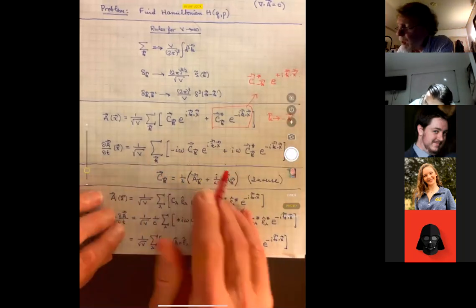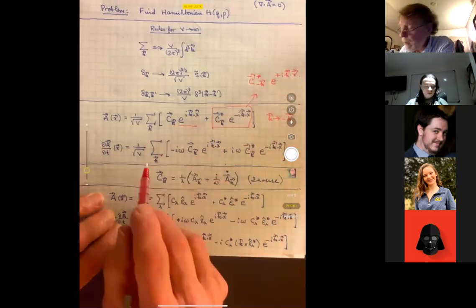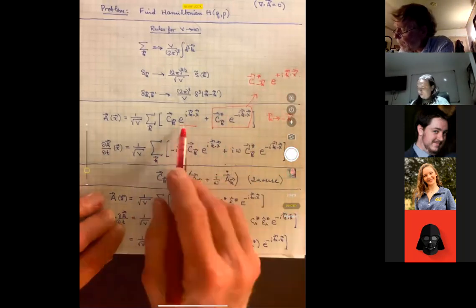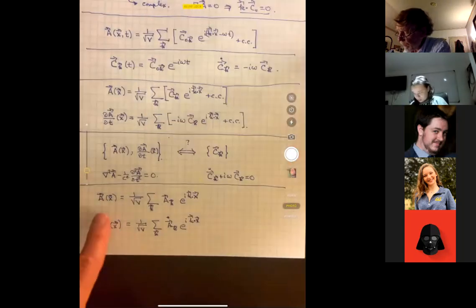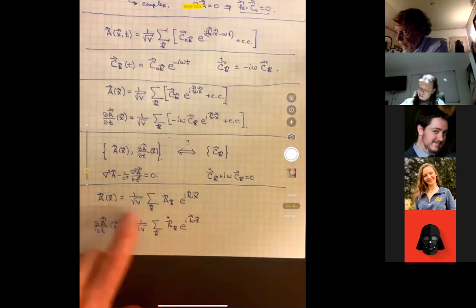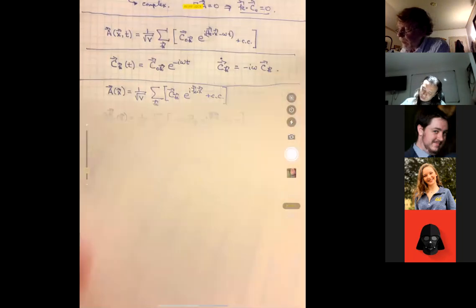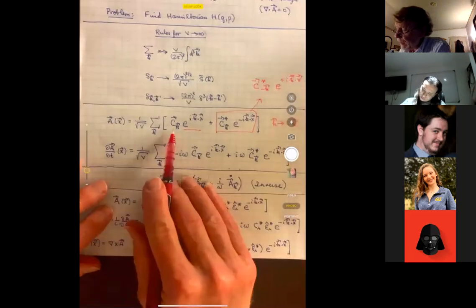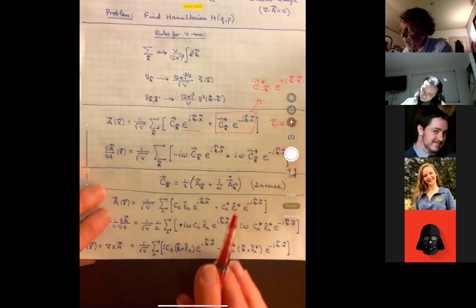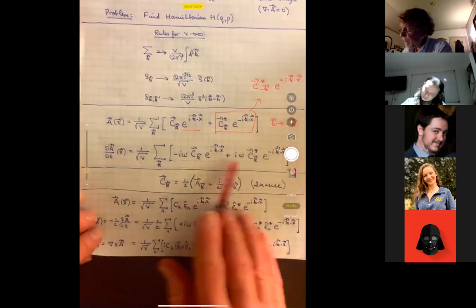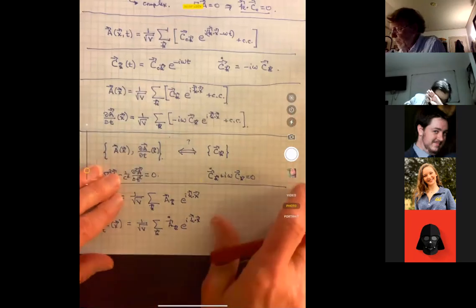And that e to the plus ik dot x is the same as the common factor we have down here also in our Fourier series for A. And so then the a sub k, the Fourier coefficients of A, are actually equal to c sub k plus c sub minus k complex conjugated. And there's a similar thing you can do with the first time derivative. And so if we do that, then here's what we obtain.